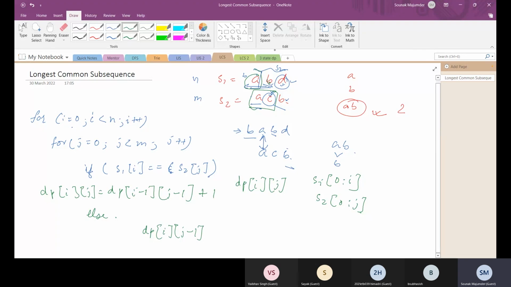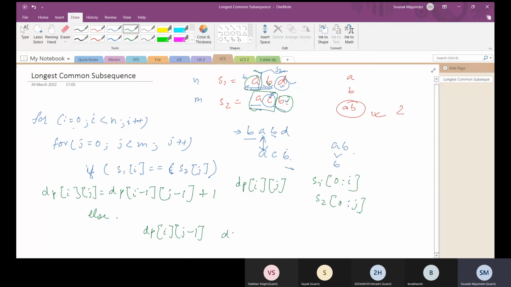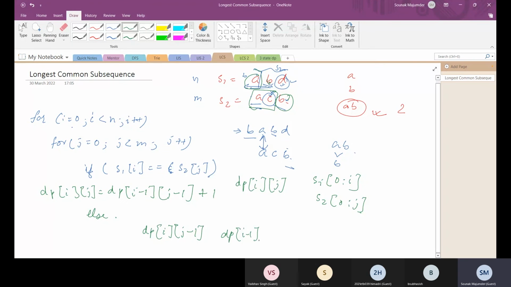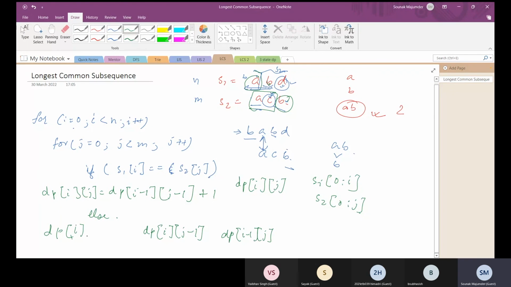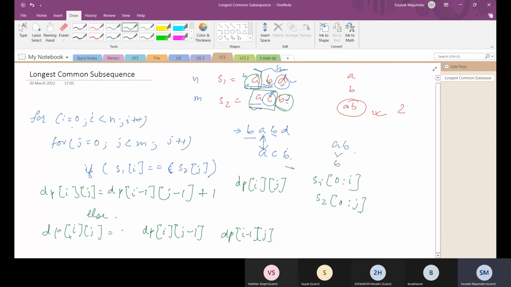Or we can match this element of s2 to some element preceding that, keeping j one element before, so it is dp of i minus 1 j. Obviously we need the longest common subsequence, so dp of i j equals max of these two.